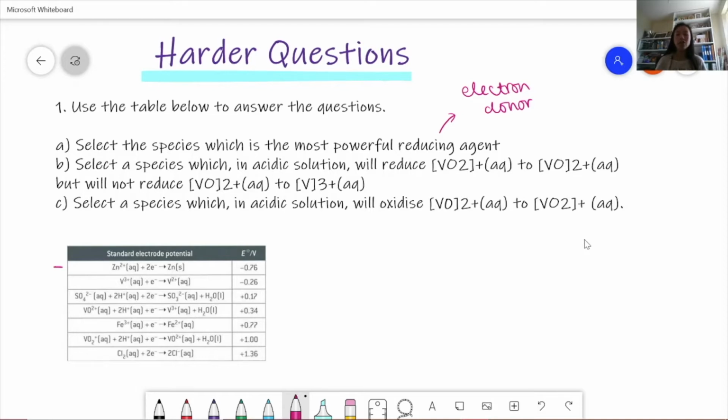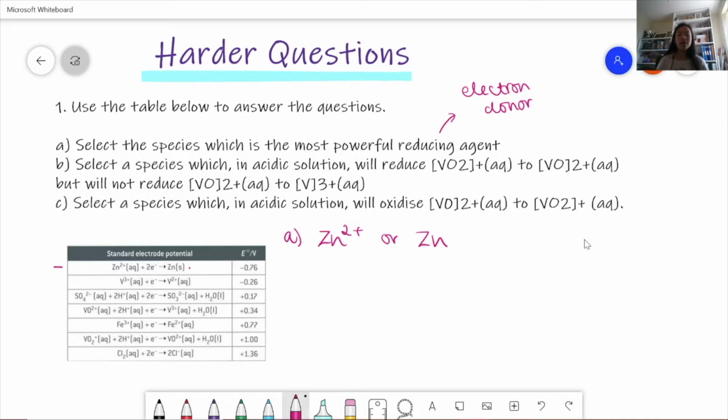And now we have to choose between Zn2+ or the zinc. Now we think which one is actually losing the electrons and which one is gaining the electrons. Zn2+ has to gain electrons to form Zn, like this equation here.